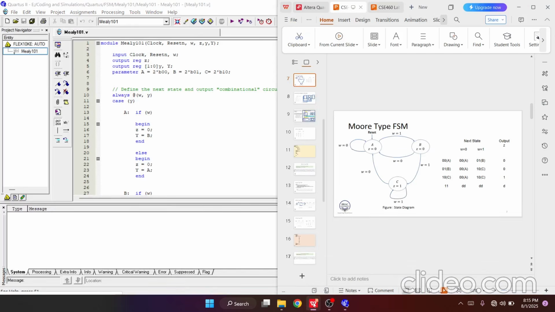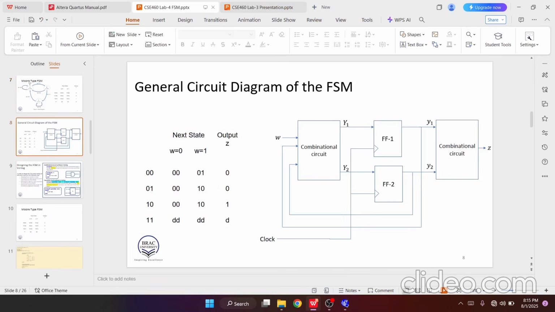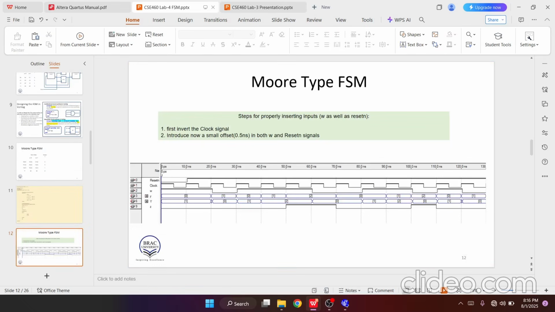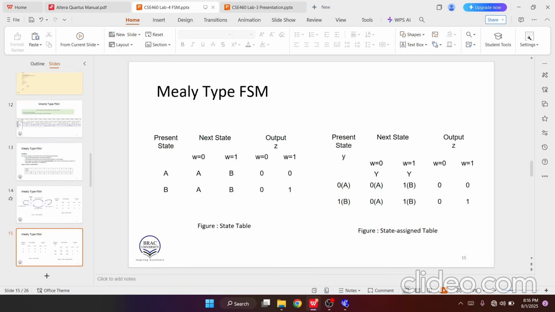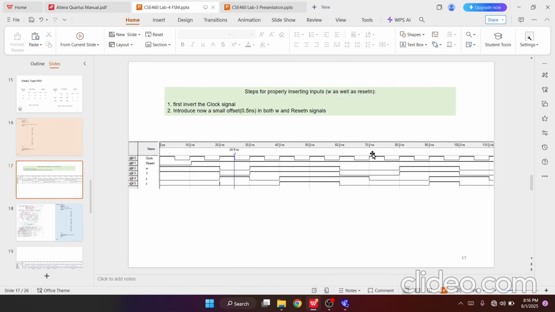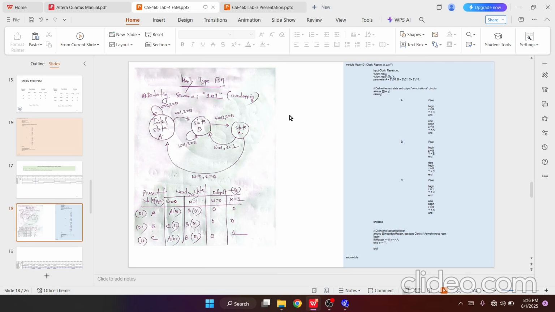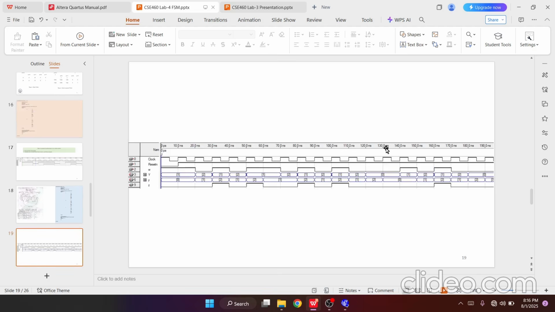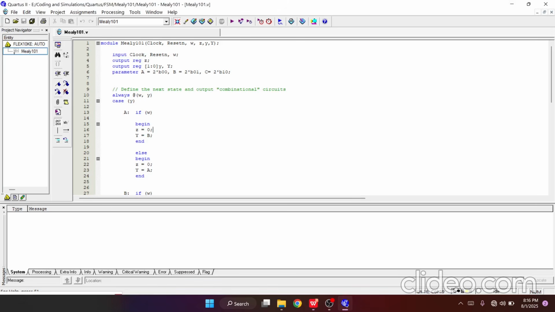Okay, so I have used a bit complex problem for the Mealy type demonstration, but this is basically the same procedure. So what I will do is apply the same thing for a 101 overlapping sequence Mealy type machine. I have given the code here, and we will see this kind of output in the Verilog waveform file.